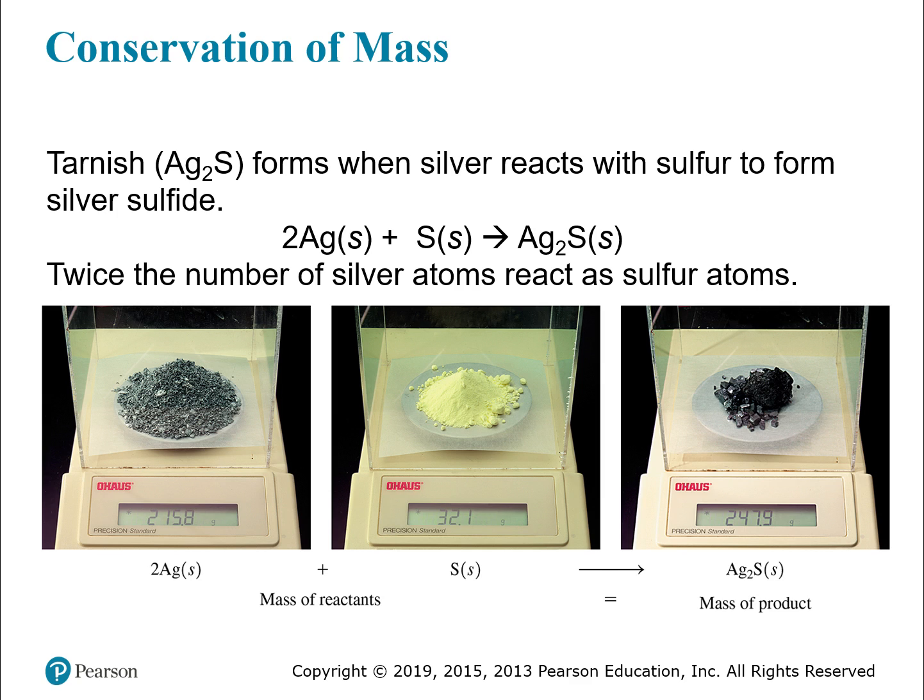If you did this as an experiment and you measured out a certain amount of silver and sulfur, and then you combine them in a reaction to make tarnish, if you add those 2 numbers on the scale for your reactants, you should get that same number as the mass of your product. Now, in a perfect world, that's what you'd see. We're going to talk about percent yield and actual yield versus theoretical yield. Real life isn't that perfect, but you should get something very, very close to it. That's conservation of mass.